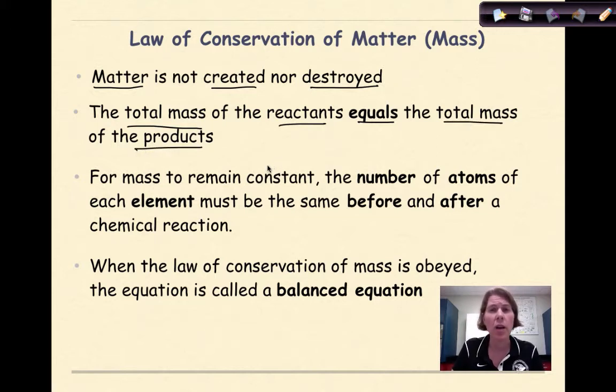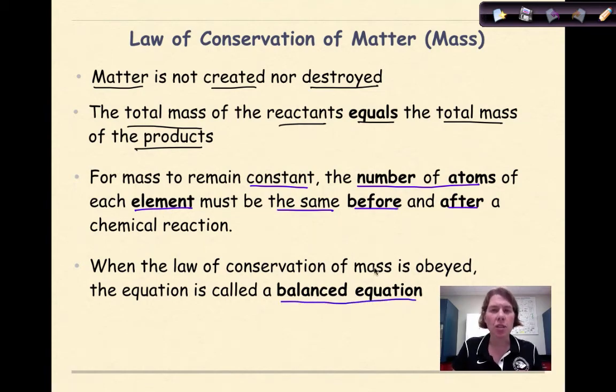And again, theoretically, we should be able to account for everything. So for mass to remain constant, the number of atoms of each element must be the same before and after a chemical reaction. We need to be able to account for everything. So when the law of conservation of mass is obeyed, this is called a balanced equation.